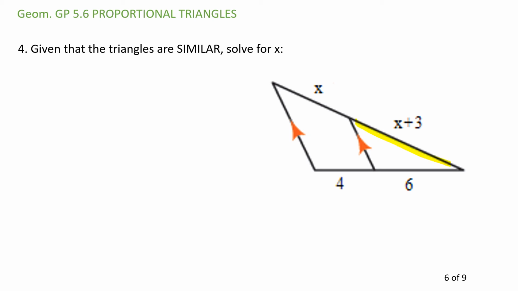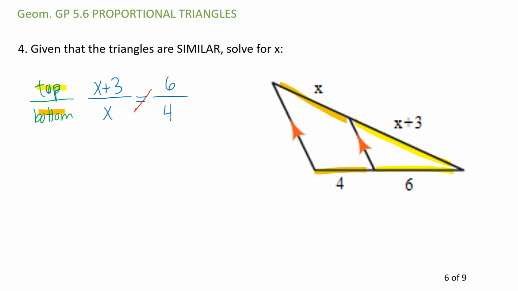So there's the top is to top as bottom is to bottom. I think the way I said that would not be the way I would write it out. The way I would write it is top is to bottom. And of course what I mean by top and bottom is the top of the triangle, which is x plus 3. The top is 6 and the bottom is 4, and x is the bottom.